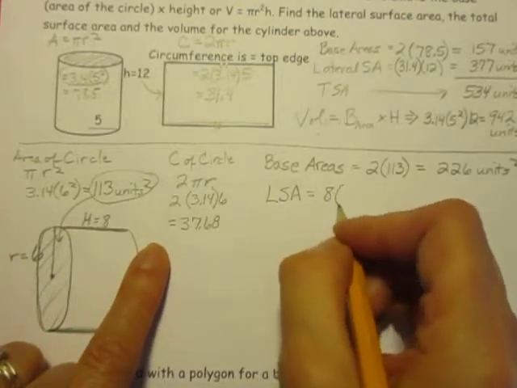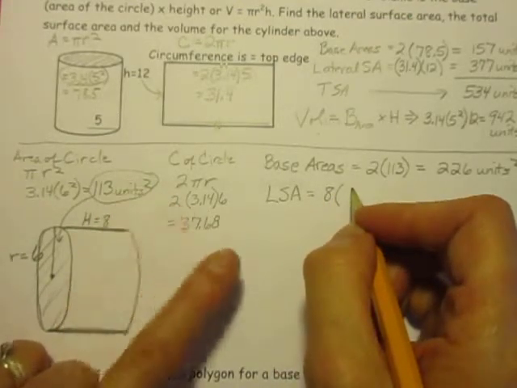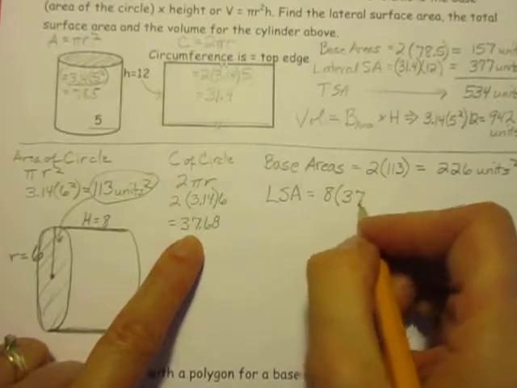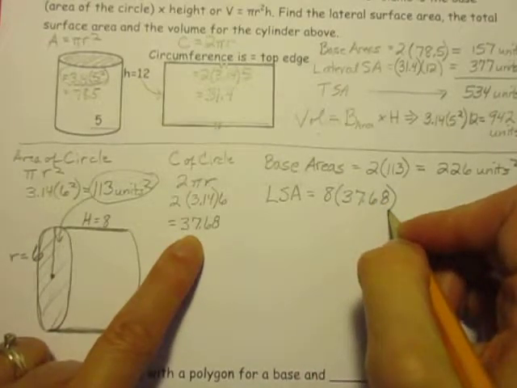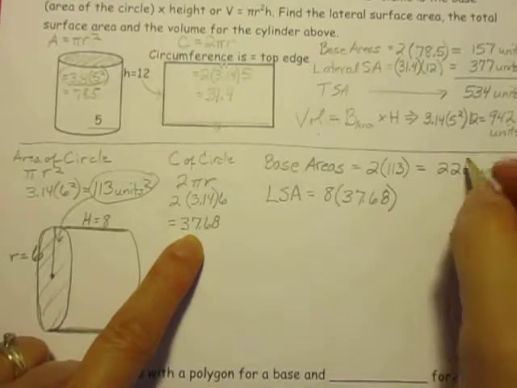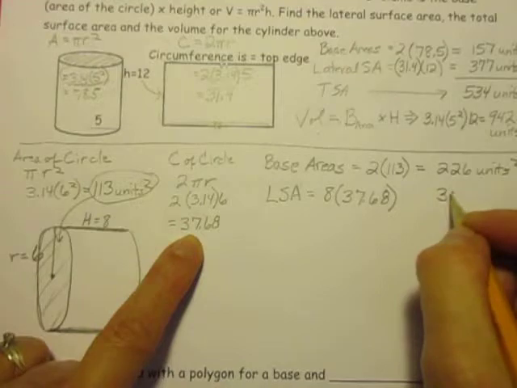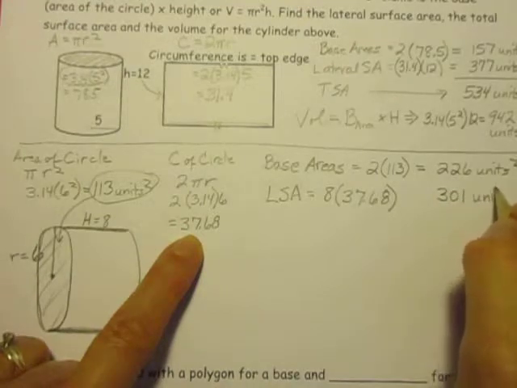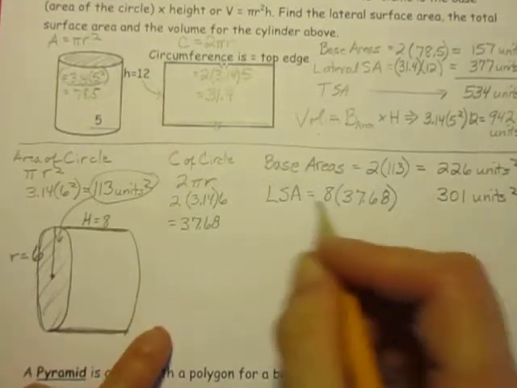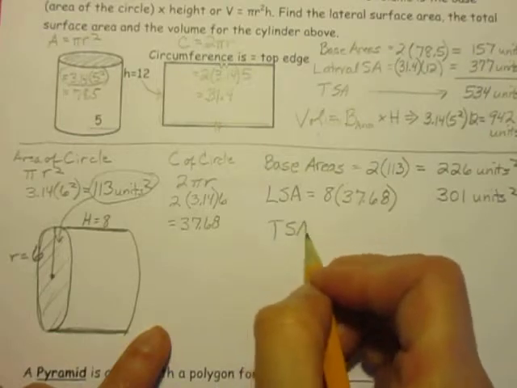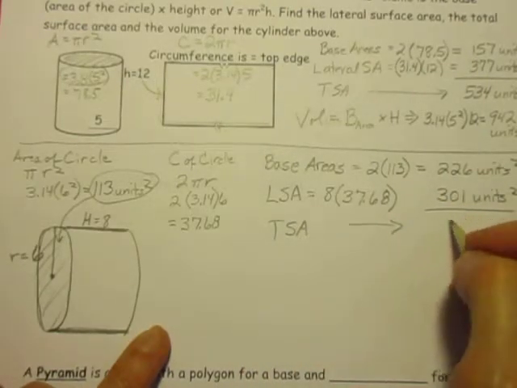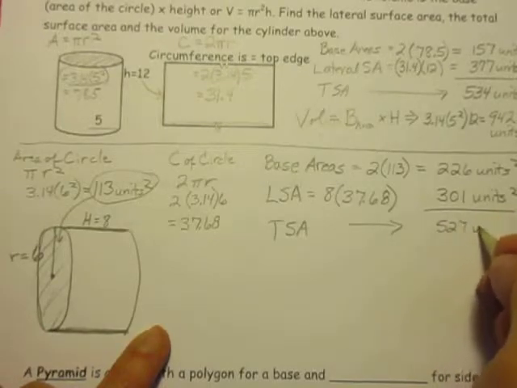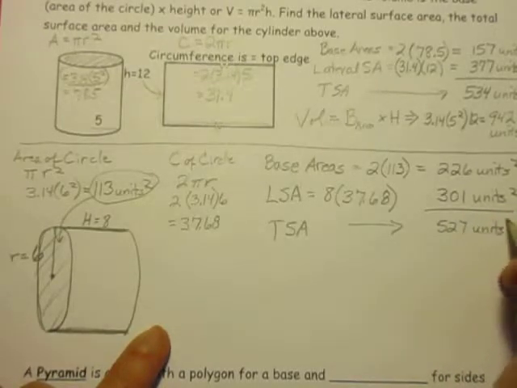So that'd be 8 times 37.68, which should get us to 301. And then when we do our total surface area, we're adding these 2 up. So we should get 527 units squared.